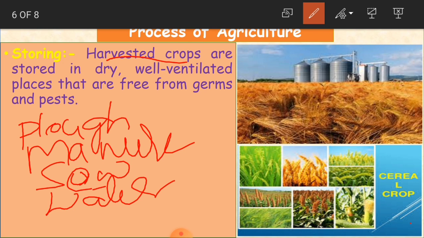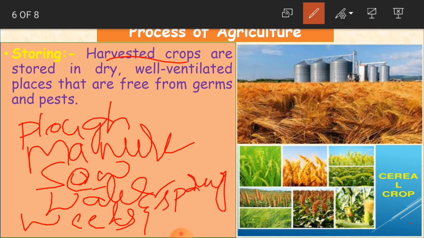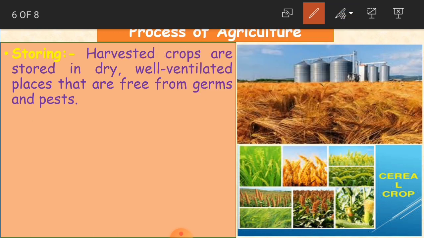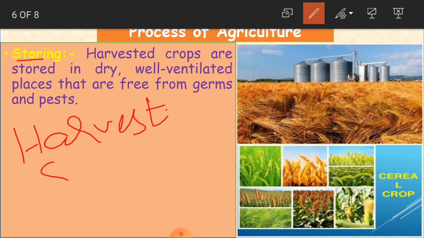After that, we take out the weeds and pests, that is, they spray chemicals to remove the weeds and pests so that the crop doesn't get damaged. Once all this is done, the next thing is harvesting. Once the crop is ready, we cut it, and then at the last we store it.